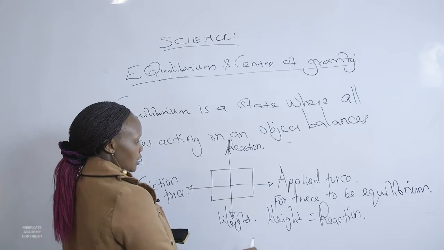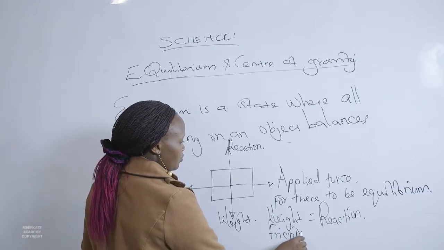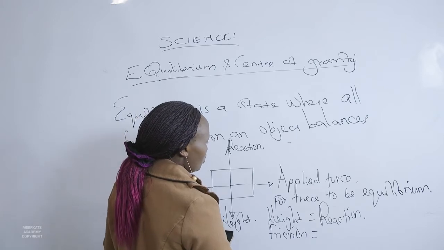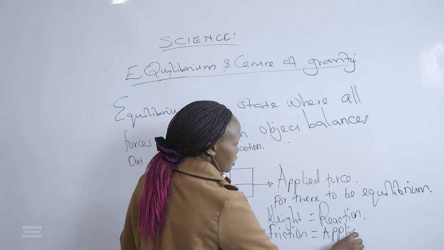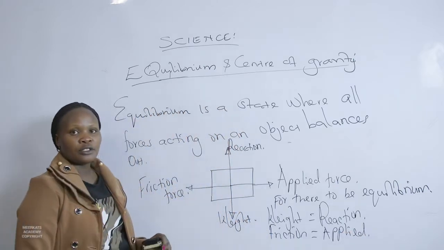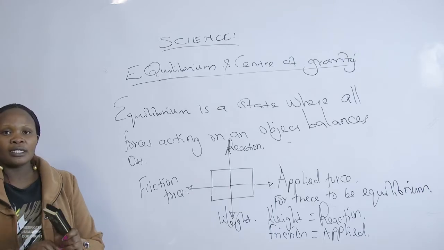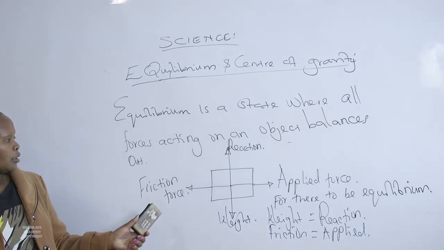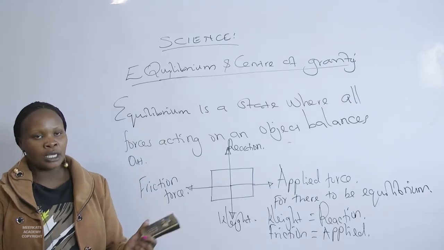Again, friction should be equal to the applied force, so that we have equal forces acting in opposite directions.